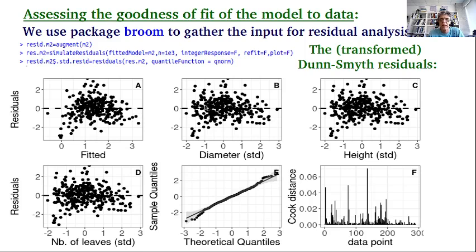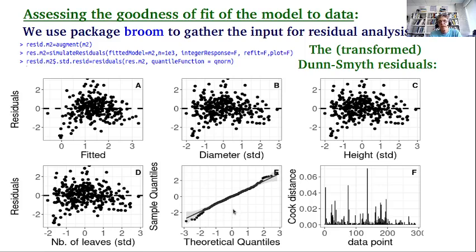In plots A, B, C, D, and E, we essentially see a more or less random scatter without any clear signs of trends of any sort, which suggests that the model has fit well to the data.